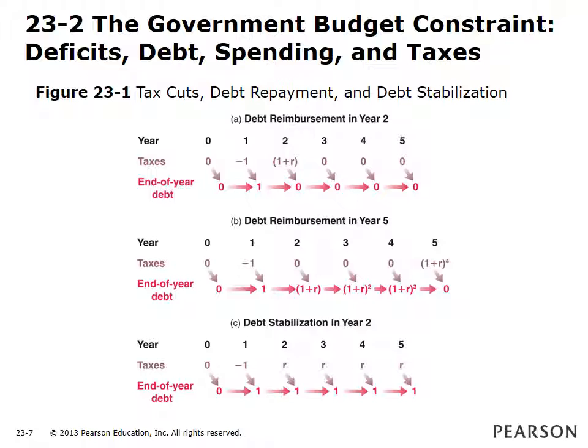The legacy of past deficits is higher debt. 4. To stabilize the debt, the government must eliminate the deficit. 5. To eliminate the deficit, the government must run a primary surplus equal to the interest payments on the existing debt. This requires higher taxes forever.